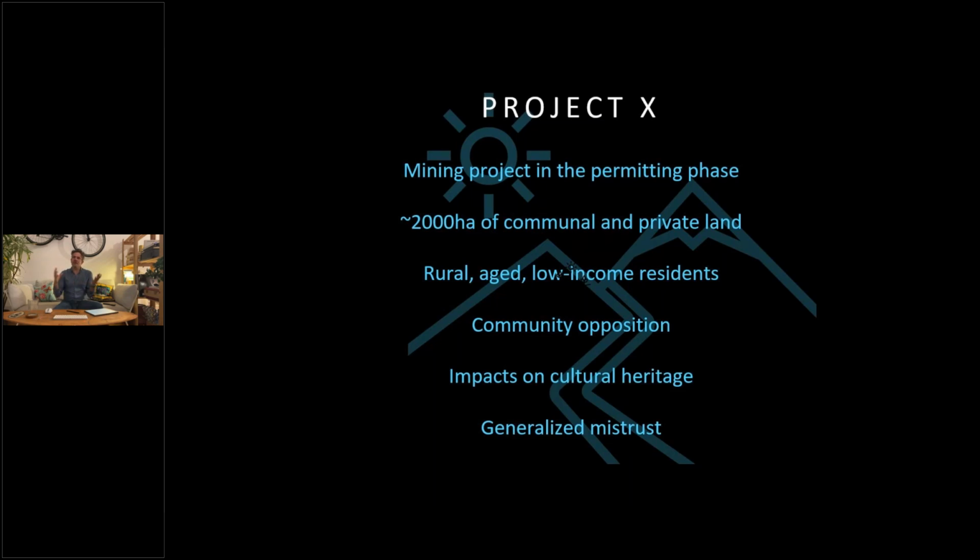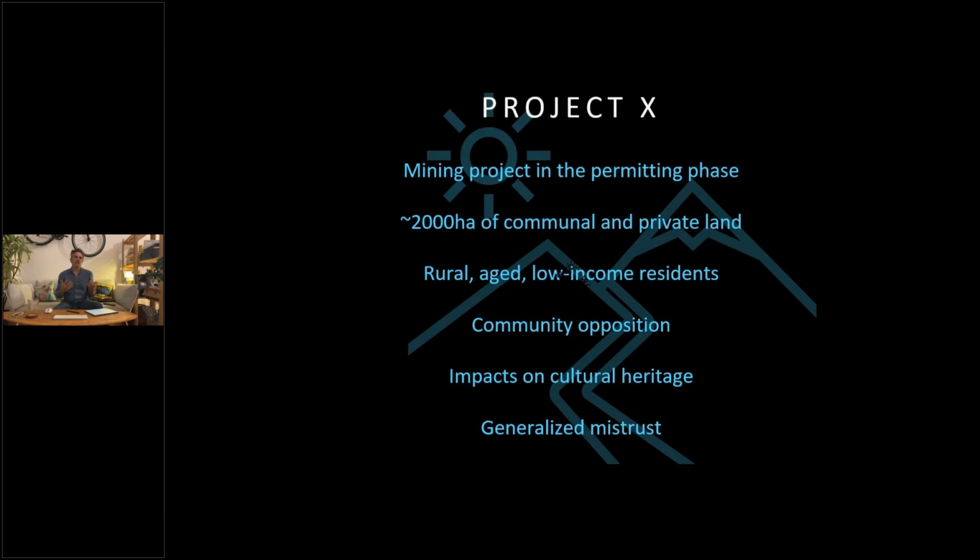This is a mining project. It takes about 2,000 acres of communal and private lands. It happens in a rural, aged, low income community. When I started this project, I could see in the news that there was community opposition against the project. It was not generalized, but there were instances of opposition, for instance, organized public manifestations against the project.